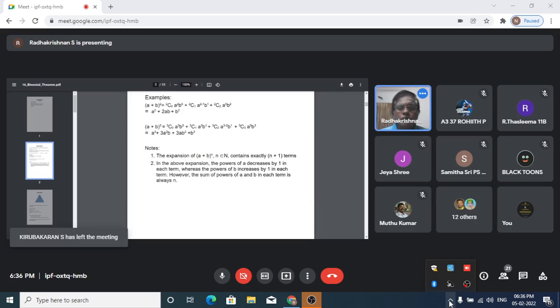So the power of a decreases by 1 at every step, and the power of b increases by 1 for every term. The sum of the two powers will always remain equal to n. If you add them up in every term, the sum will be equal to n. So that is the basic binomial theorem.